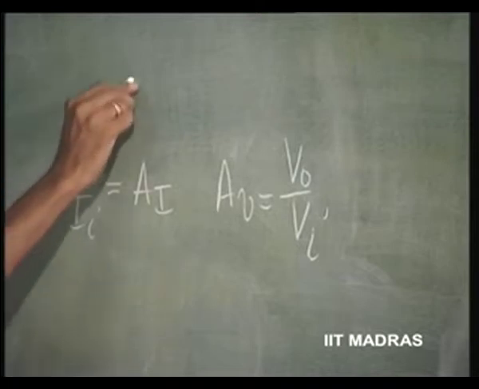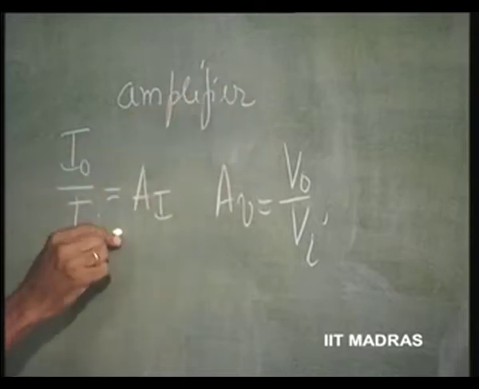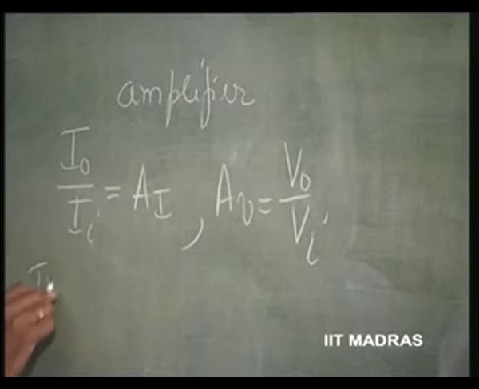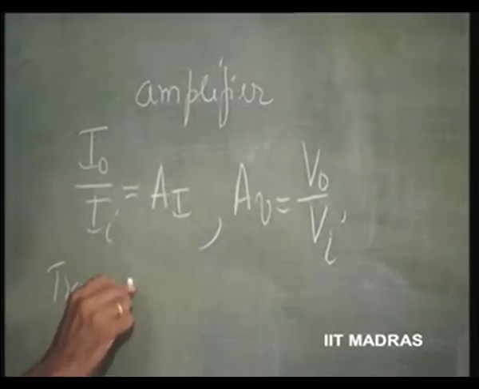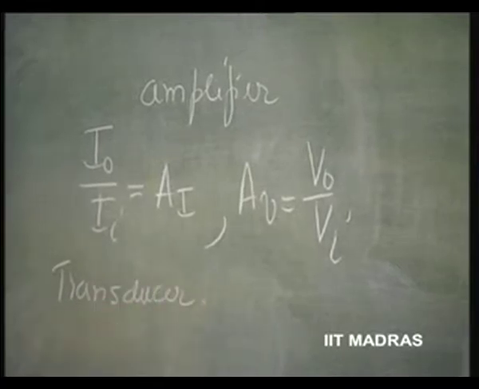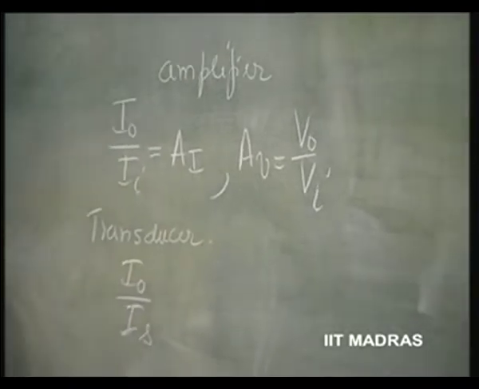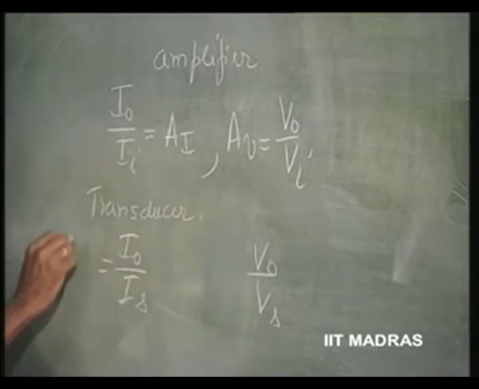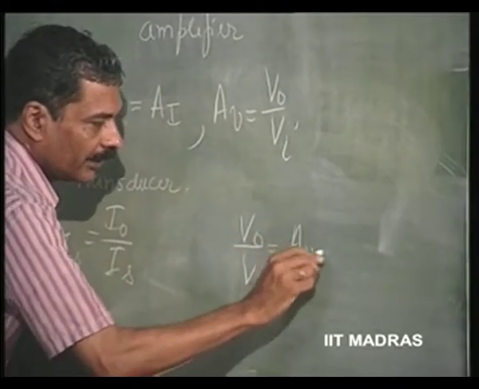This is the amplifier current gain and amplifier voltage gain. Then, with the transducer, that means I naught over Is and V naught over Vs, we will call these AIS and AVS, a distinction.